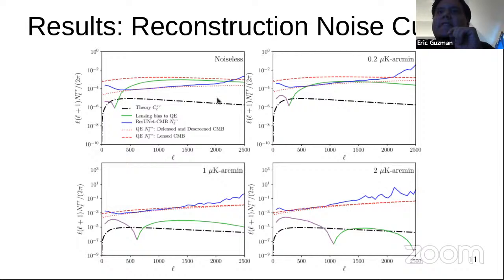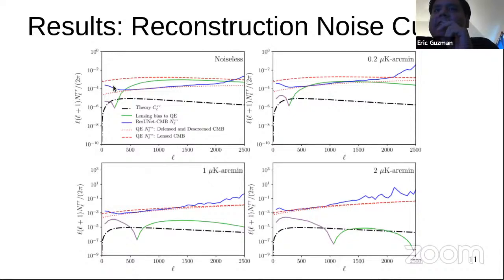The very impressive thing is that our reconstruction is actually able to mimic, or follows closely, the reconstruction noise of the iteratively delensed and descreened CMB quadratic estimator. So the spectra were delensed and descreened using normal methods.